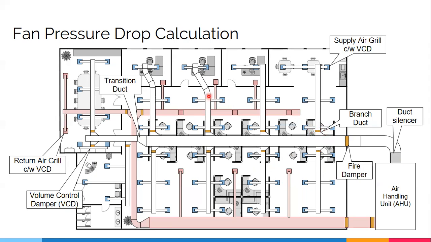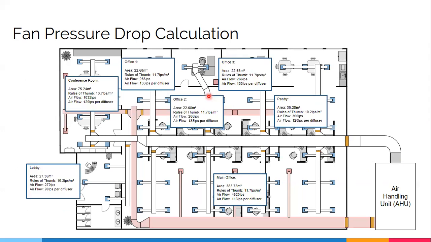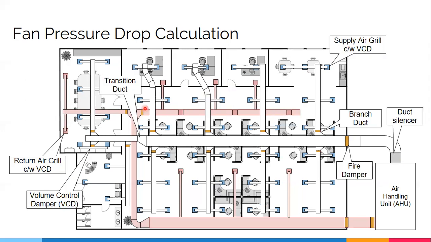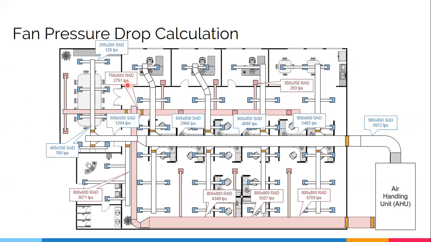Based on these numbers, these flow rates, and these accessories, we're able to size up the ducting. Okay, so for each area we already provided the size and the flow rate of the ducts at that particular point of the duct.